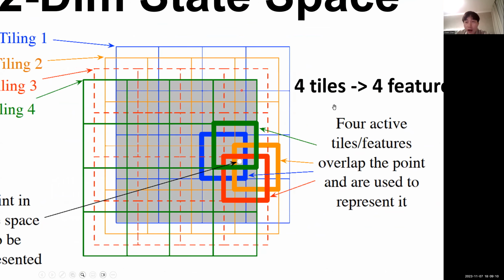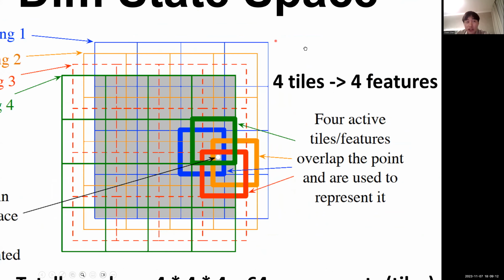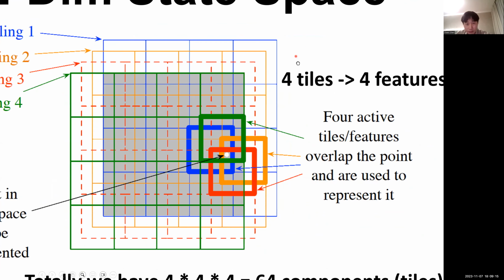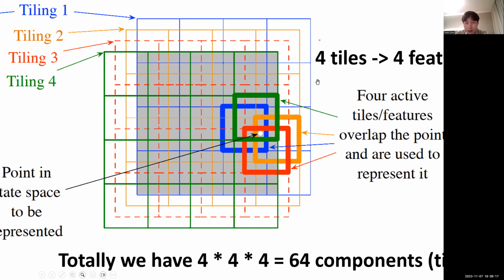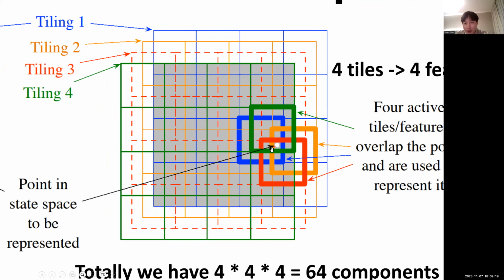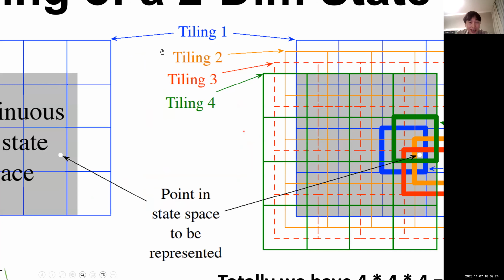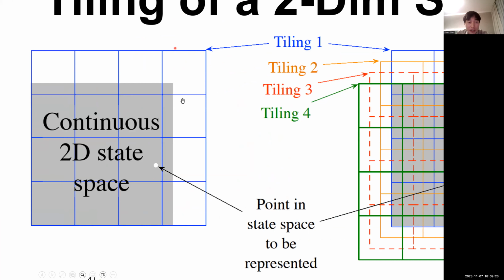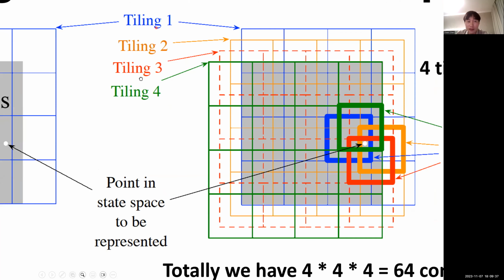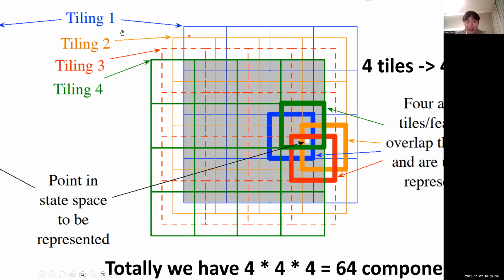Each cell represents one feature. One tiling has this 4 times 4, 16 features. Then in this case we use 4 tilings to represent this space.